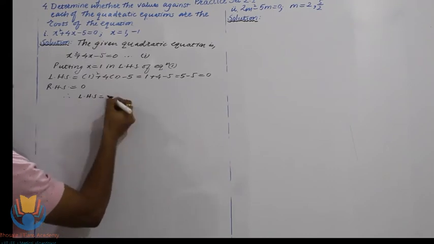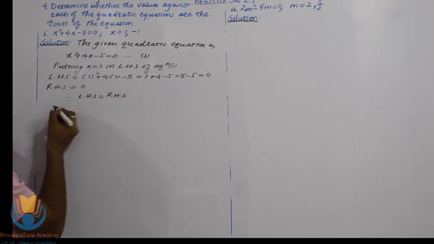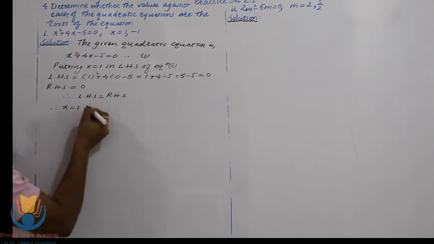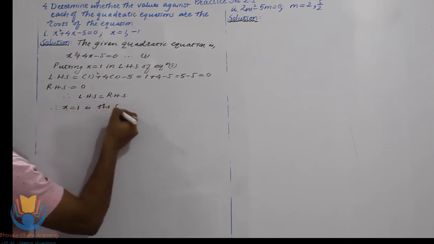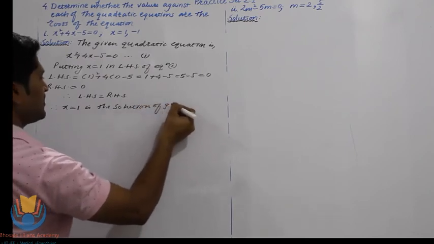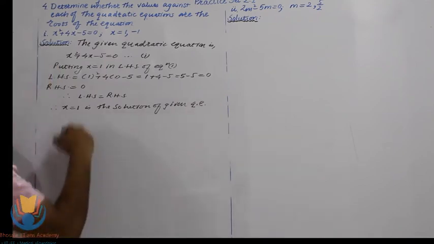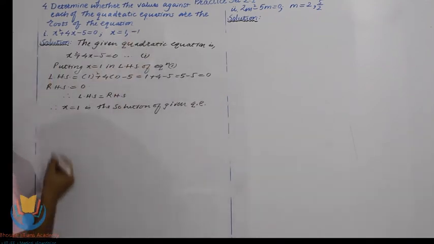Here right now they are equal. So therefore LHS is equal to RHS. Therefore we can write x is equal to 1 is the solution of the given quadratic equation. So let's continue for minus 1.